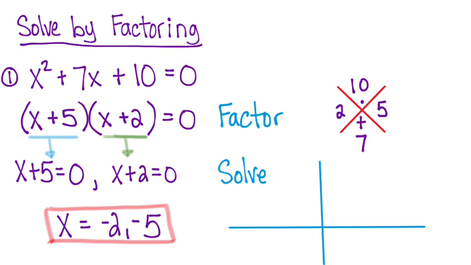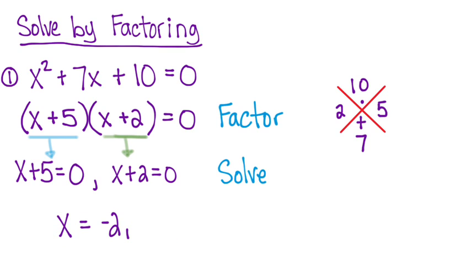In front of the x, it is positive, so I know it's going to turn up to be a happy face. And my x-intercepts are -2 and -5. And somewhere it's going to go like this because this is positive. Okay? All right, let's move on.